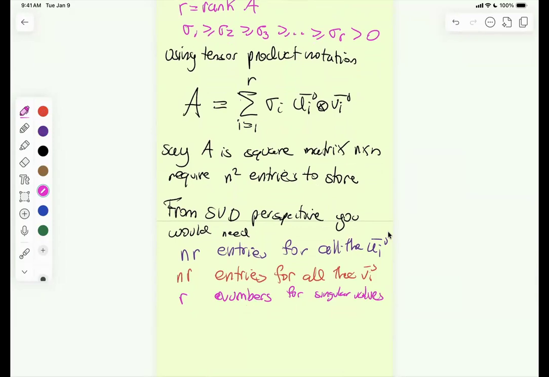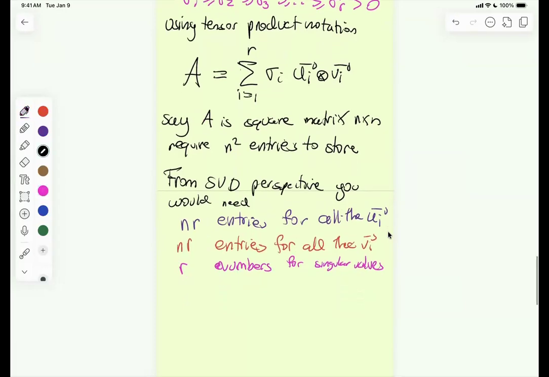The vectors are orthogonal. I mean, there are other properties. So in fact you could drop the count a little bit, but as a bird's eye view, that wouldn't take away that much more. The important thing is that in totality this would be 2nr plus r, right?